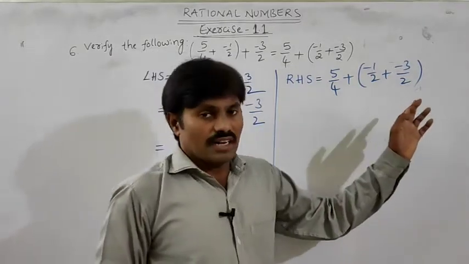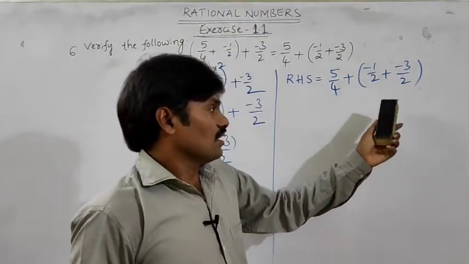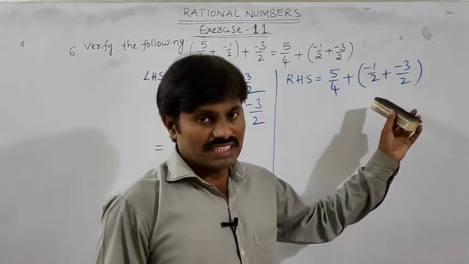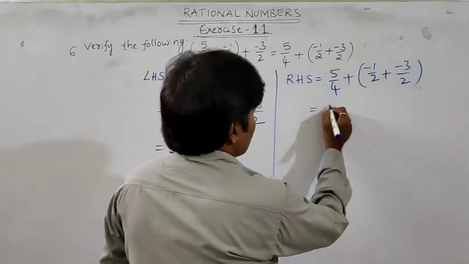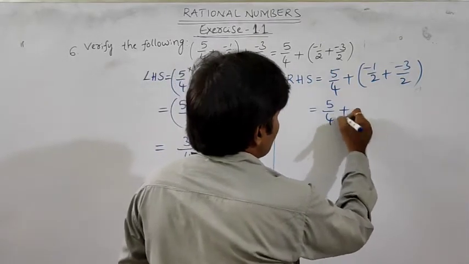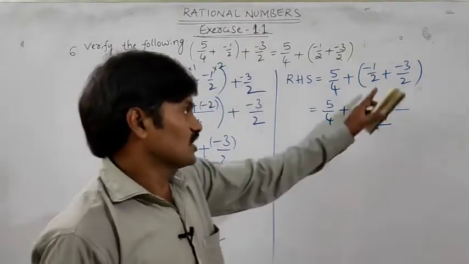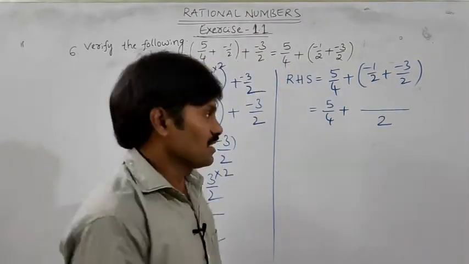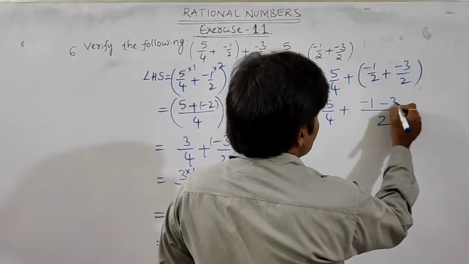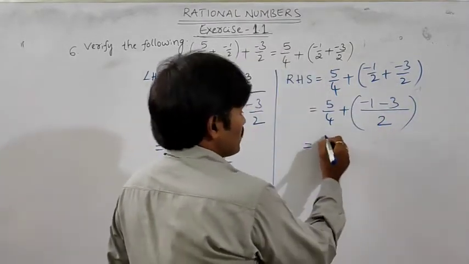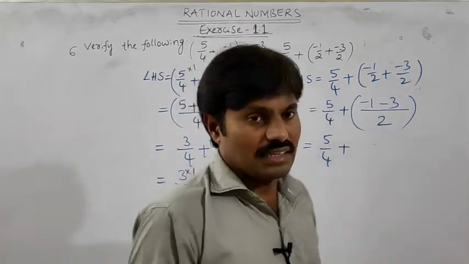According to BODMAS, you have to simplify the bracket first, the numerical expression in the bracket. Since these two are like fractions, the LCM is 2 itself. So minus 1 plus into minus, minus 3, no change in that.